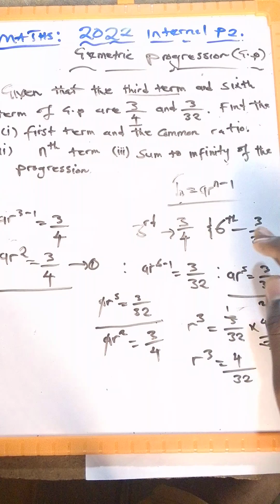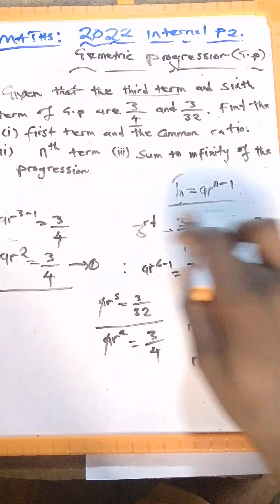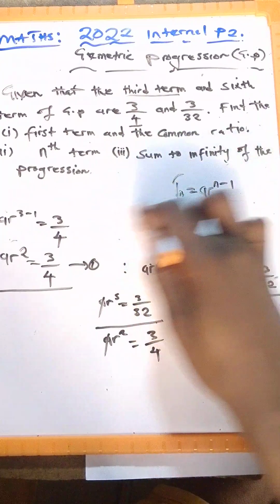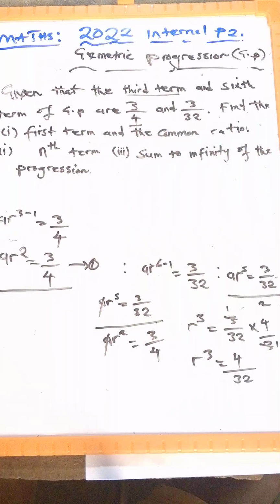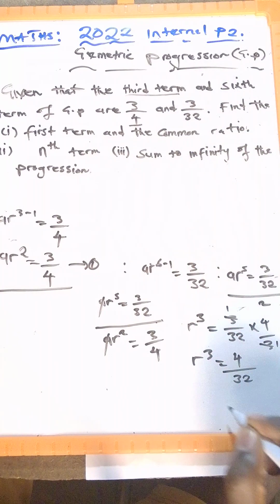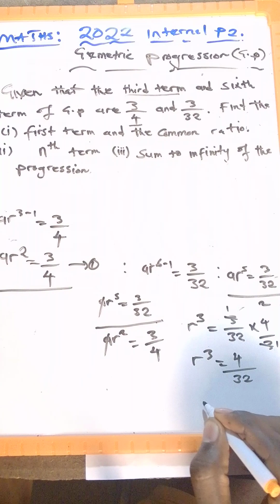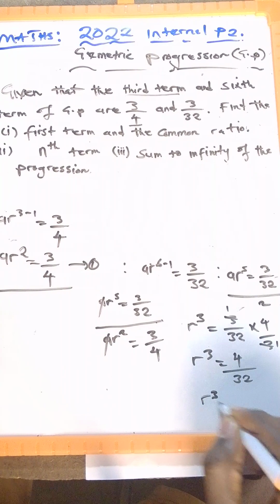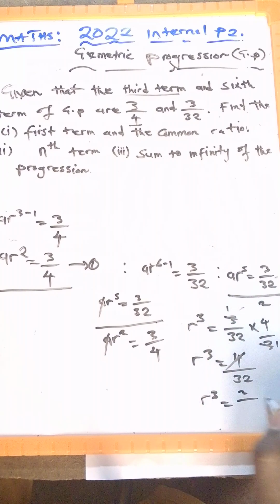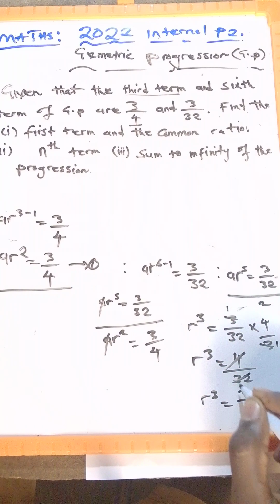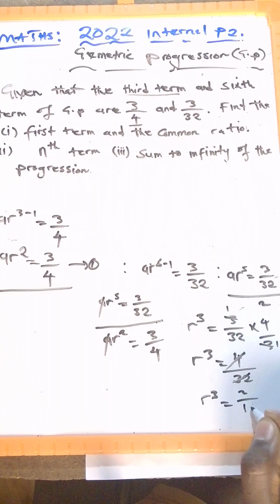Then from here, let me use this space. Hope you have seen where you are coming from. So from here we can reduce the numbers. How can we reduce the numbers? We'll say r to the power 3 is equal to, if you say 2 here, to give you 2, then half of 32 will give us 16.